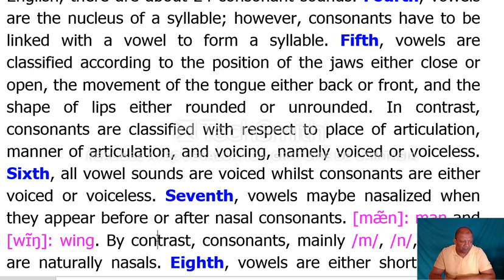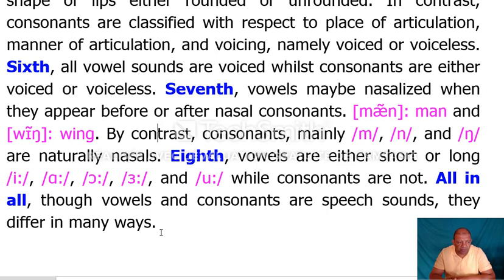By contrast, consonants which I have spoken about now are nasal. This is their natural characteristic. So they are naturally nasals, and we have in English 3 nasals. Here they are in front of you.